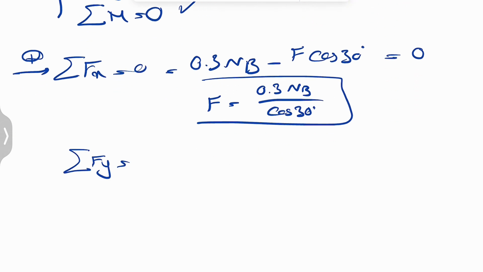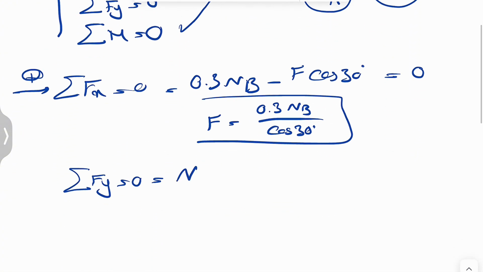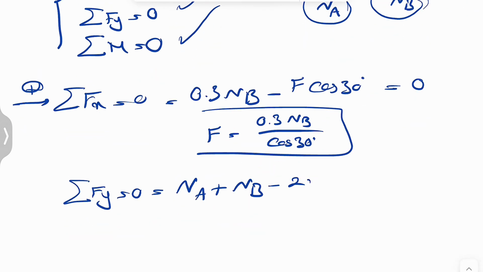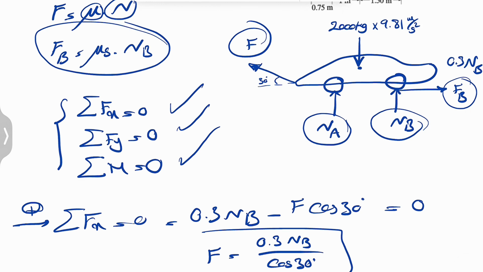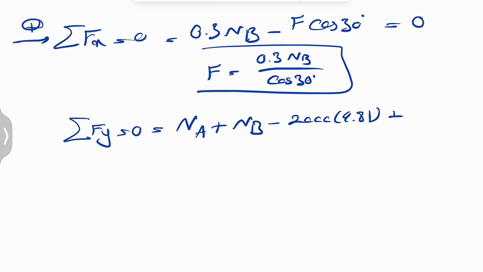Let's move on to the Fy. So we have NA, we have NB, we have the weight, which is 2000 times 9.81, and the y component of F. So it's going to be F sine of 30 degrees, and it's going to be positive because it's upward.